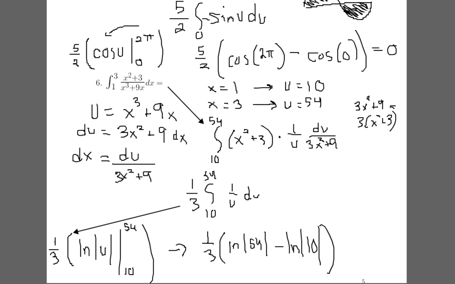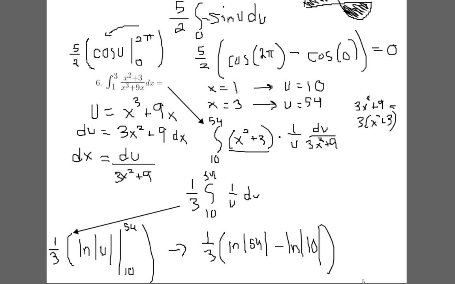And then our fraction here, x squared plus 3 over x to the third plus 9x, is really just x squared plus 3, this quantity here, times 1 over x to the third plus 9x, which is this 1 over u. So we just separated our fraction into a product of two expressions. That's how we get 1 over u.